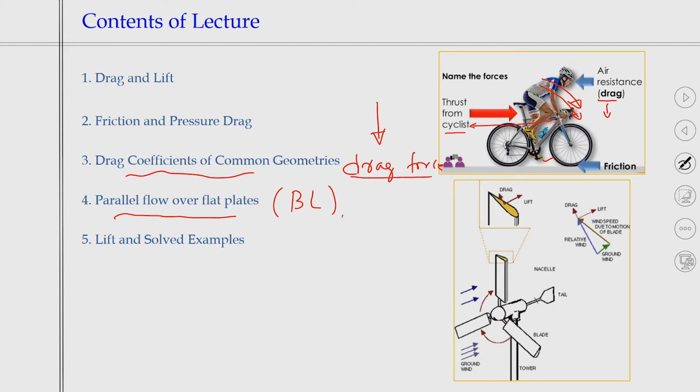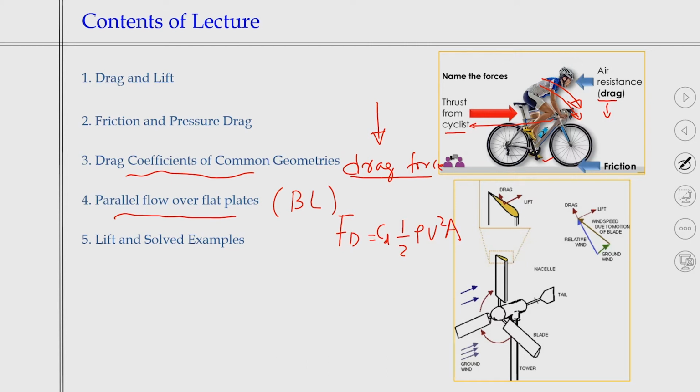So most often we define the drag force as a function of half rho v squared, which is the dynamic pressure, as we discussed earlier, multiplied by CD, the coefficient of drag, into A, the frontal area.